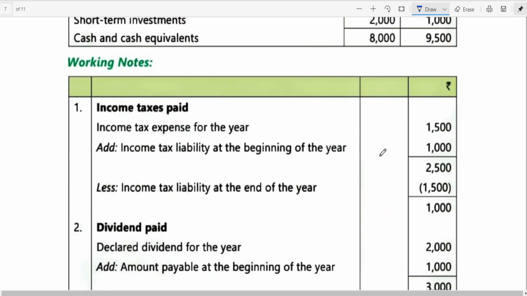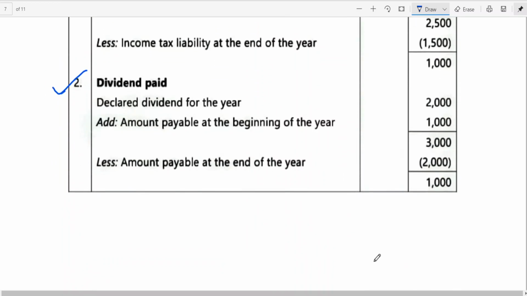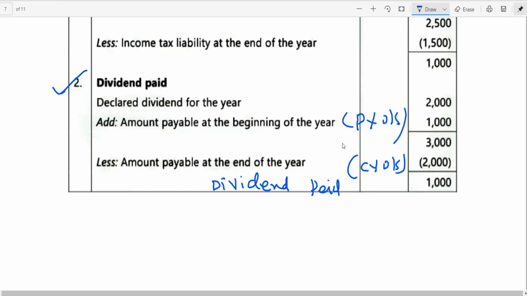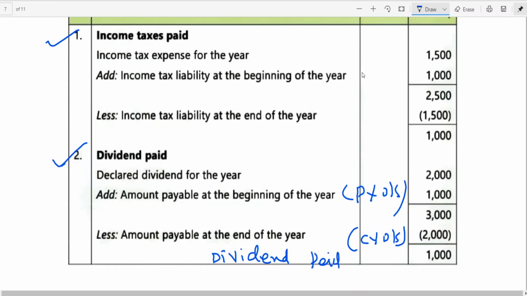Income tax paid I have already explained to you. Same is the treatment for dividend. Declared dividend, add amount payable at the beginning of the year, less amount payable at the end of the year, is nothing but dividend paid. This is previous year outstanding, you are adding. This is current year outstanding. That means I am converting accrual basis into cash basis. So is the case of income tax.